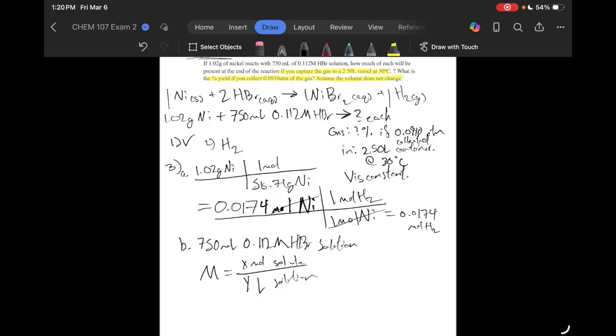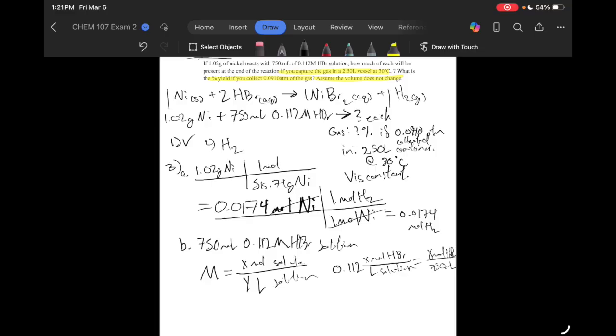So in this case, we just plug in the numbers that we already know. We have 0.112, X moles of our solute, which is HBr, divided by our liters of solution, and that's going to equal X moles of HBr over 750 milliliters.